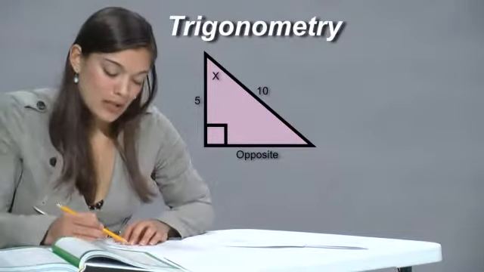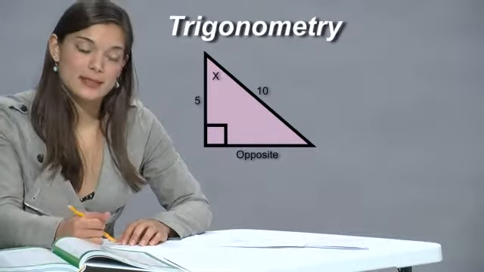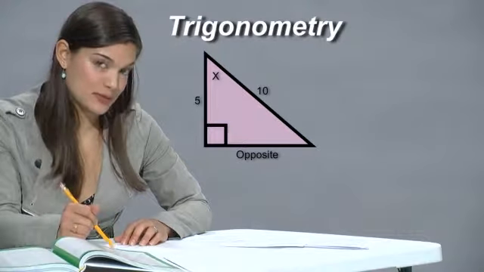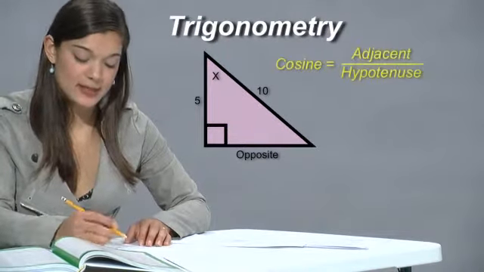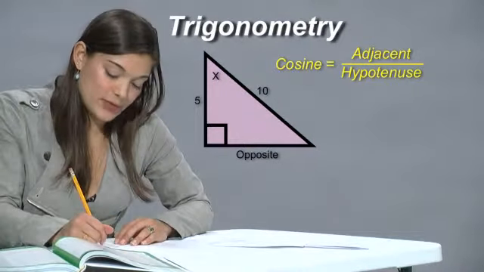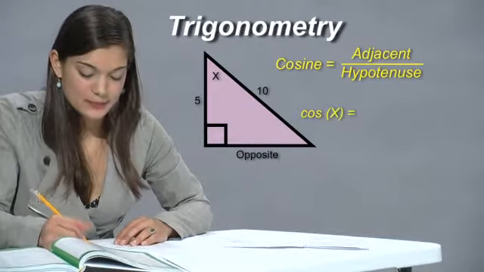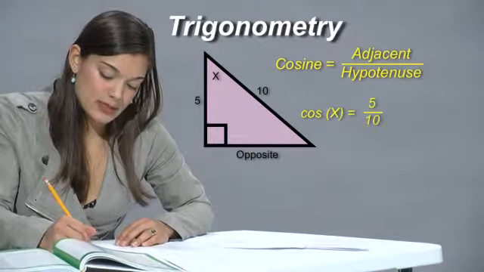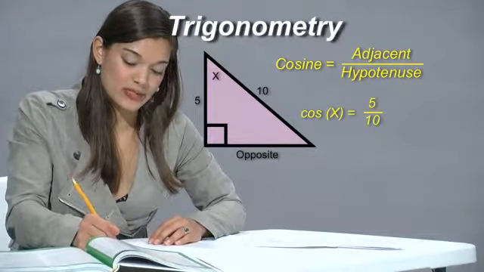But we can still set up using a ratio. So what relates the adjacent to the hypotenuse? Again, SOH CAH TOA. So the cosine relates the adjacent to the hypotenuse. So it's the same kind of ratio. Cosine of x, because we don't know the degrees yet, equals adjacent over hypotenuse, which is 5 over 10.